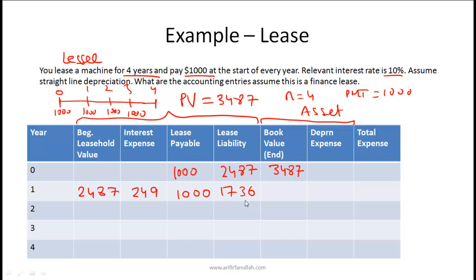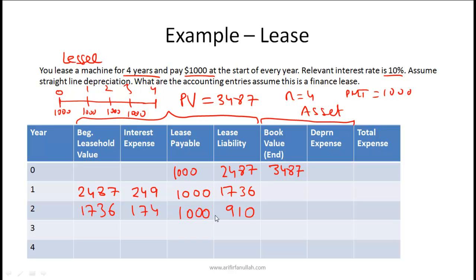So 1736 then becomes the beginning book value at the beginning of year 2. So 1736, and then the interest expense is 10% of this, which rounded to the nearest whole number is 174. Lease payable as always is 1000, and the lease liability at the end will be 910.